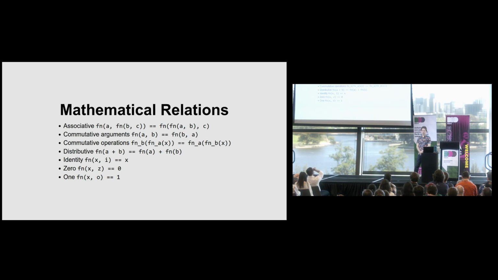Distribution, where separately applying an operation to the parts when joining them is equivalent to joining them and then applying the operation to the whole. Identity, where some values have the same input and output. Zero, where some values give a zero output. And one, where some values give a one output. This can be useful for nailing down base cases and forming a basic sanity check.